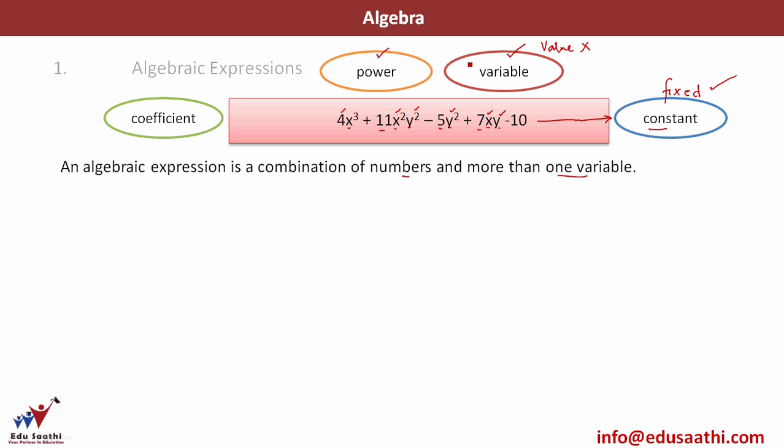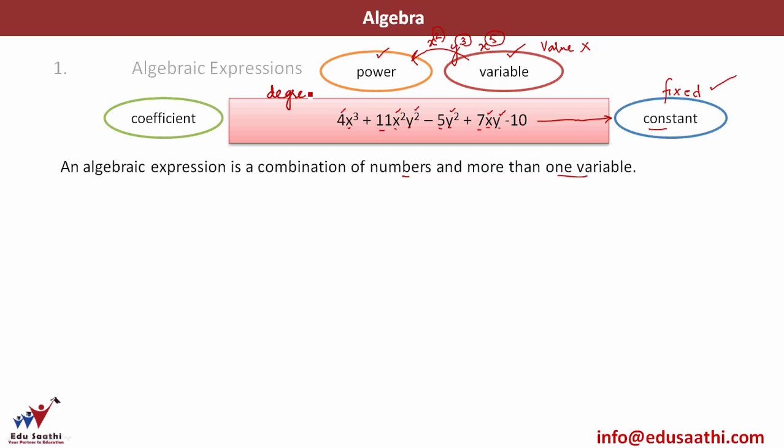Variables are raised to some power, like x square, y cube, x raised to power 5. This power of a variable is very important in determining the nature of the algebraic expression. The highest power of any expression is known as its degree.